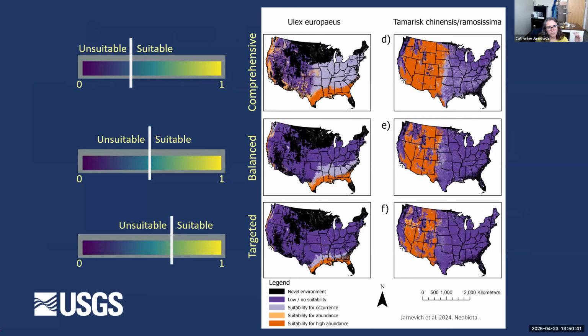We have these 3 different threshold rules that we can apply to the occurrence map, the abundance map, and the high abundance map, and then we can come up with a single integrated map across those that shows which areas are just suitable for high abundance, which are suitable for abundance or high abundance, and which are suitable at all.